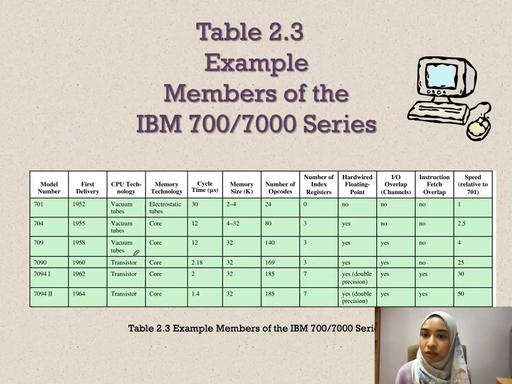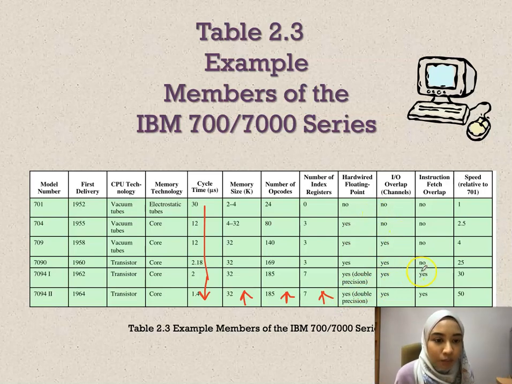They were manufacturing hardware for computers. And you can see that the cycle time becomes faster, and the memory size becomes greater. And the number of opcodes, the operations that they can perform at a time, is increasing. The number of index registers, we talked about registers before, also increases. They can store more because now everything is smaller, so they have more space to put in more stuff, right?